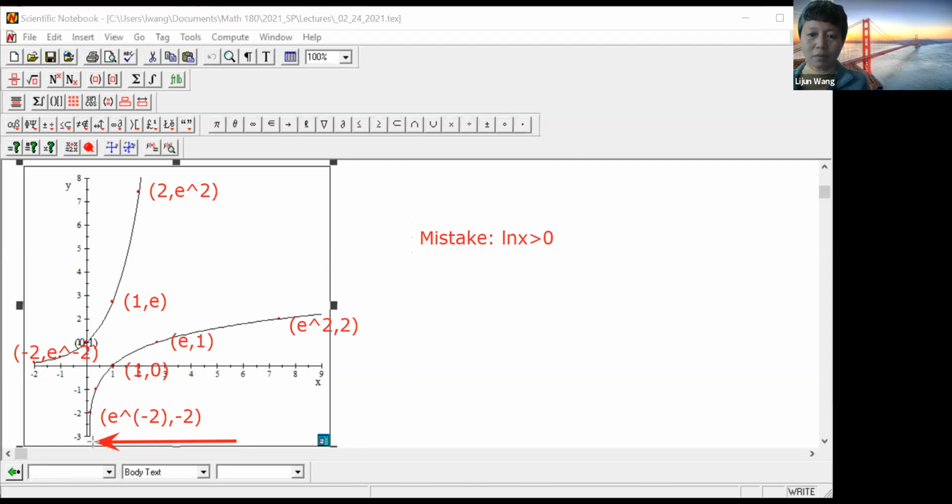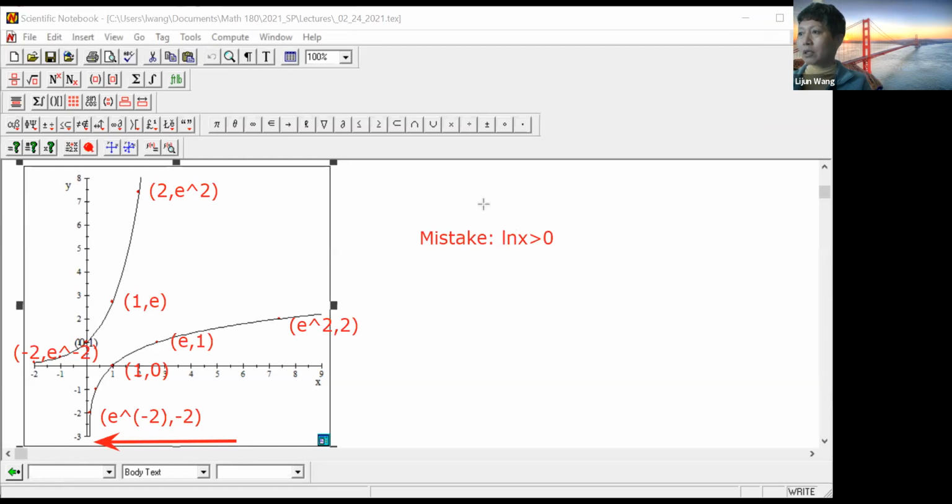We saw that in the making of the table. So x can only approach 0 from larger than 0.